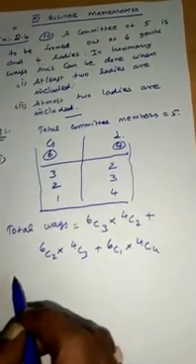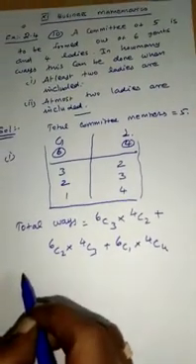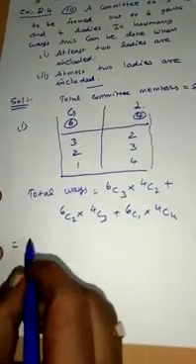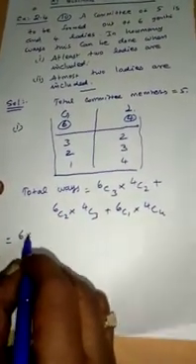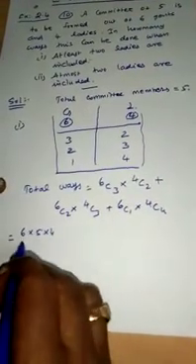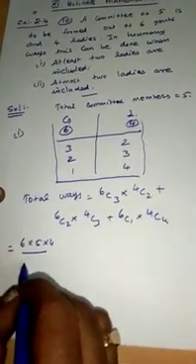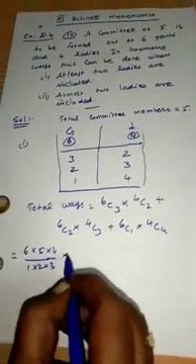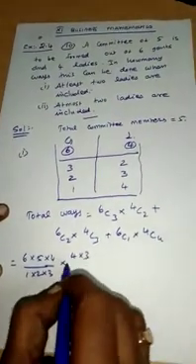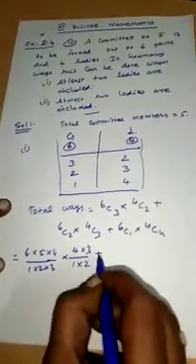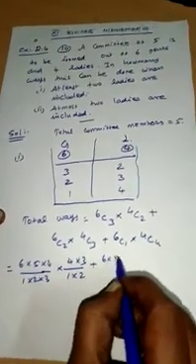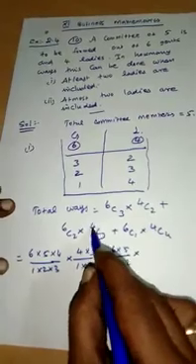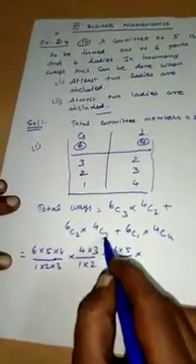When we put the value of this, we get 6C3 is 6 into 5 into 4 by 1 into 2 into 3. This is 6C3. And 4C2, 4 into 3 by 1 into 2, plus 6C2, 6 into 5 by 1 into 2. 4C3 is equal to 4C(4 minus 3), 4C1.